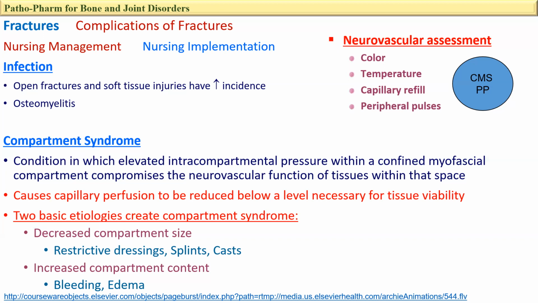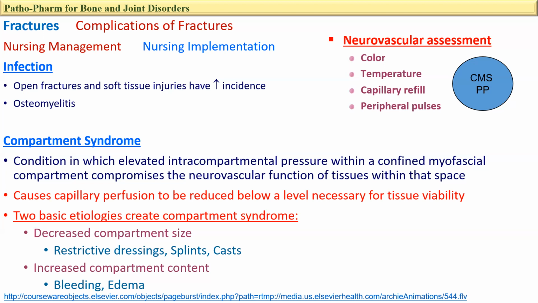So extreme pressure on what's called circumferential pressure is a significant factor in decreasing perfusion.